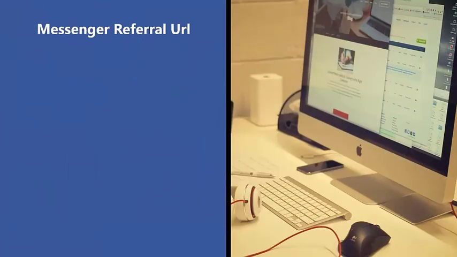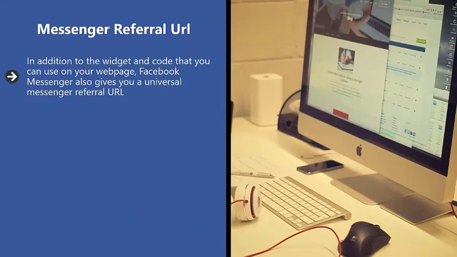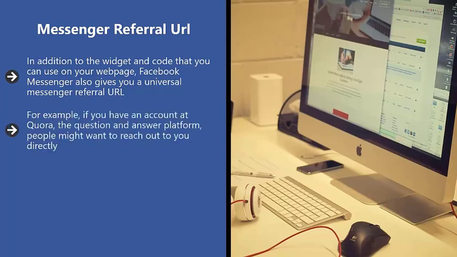Messenger referral URL. In addition to the widget and code that you can use on your webpage, Facebook Messenger also gives you a universal messenger referral URL. You can put this on your website, and you can put this on other people's websites. For example, if you have an account at Quora, the question and answer platform, people might want to reach out to you directly.